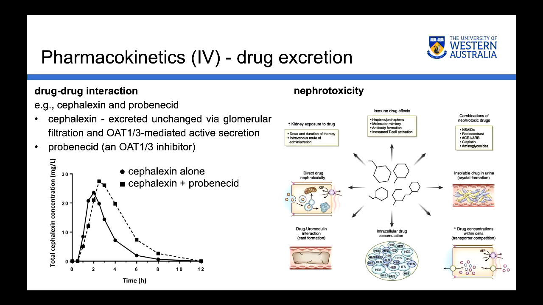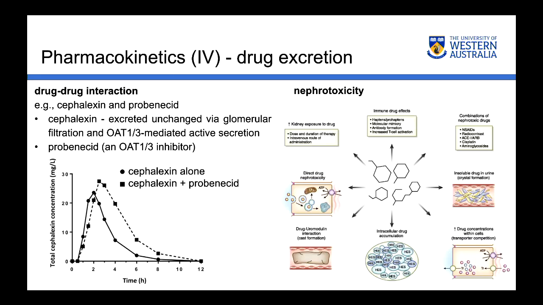Probenecid is an organic anion transporter inhibitor, and this transporter is normally responsible for the active secretion of cephalacin. So when you inhibit this particular transporter, you will see that the plasma concentration of cephalacin increases.